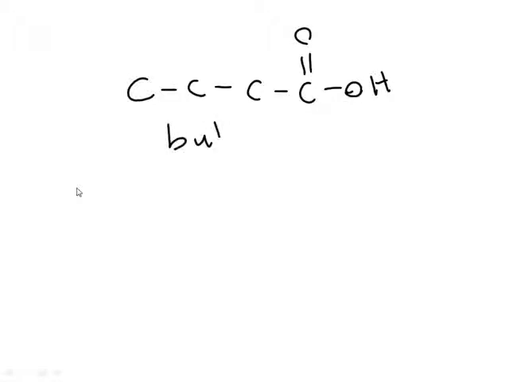Okay, so in this lesson what I'm going to talk about is how to name carboxylate ions and carboxylate salts. So carboxylic acids are, as their name implies, acids. As we saw already, this would be called butanoic acid. What happens, though, is this proton, the proton on the carboxyl group, is always acidic.